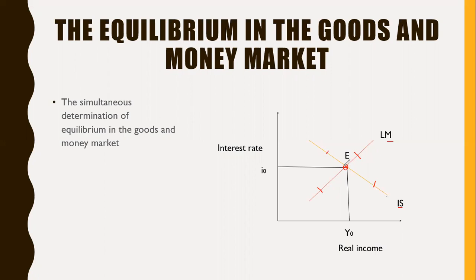So it is a point where both the markets are simultaneously in equilibrium. This is where we are arriving at a simultaneous equilibrium in both goods market and money market. Okay, this is attained when interest rate is I0 and income is Y0. So ये simultaneous equilibrium हुआ in both the markets. With this, we have completed ISLM model.